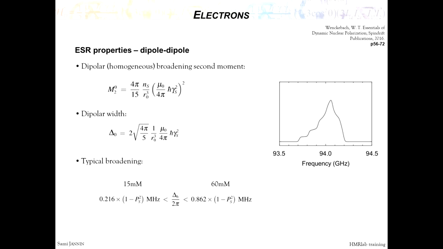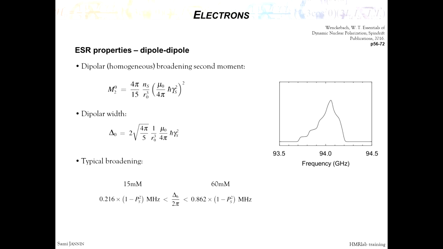So you can calculate the width of the dipolar broadening, and then you can apply this broadening to the line, and you get something closer to what you see. The typical broadening is, for example, for 15 millimolar, going to be 0.2 megahertz. For 60 millimolar, it's going to be closer to 1 megahertz broadening.